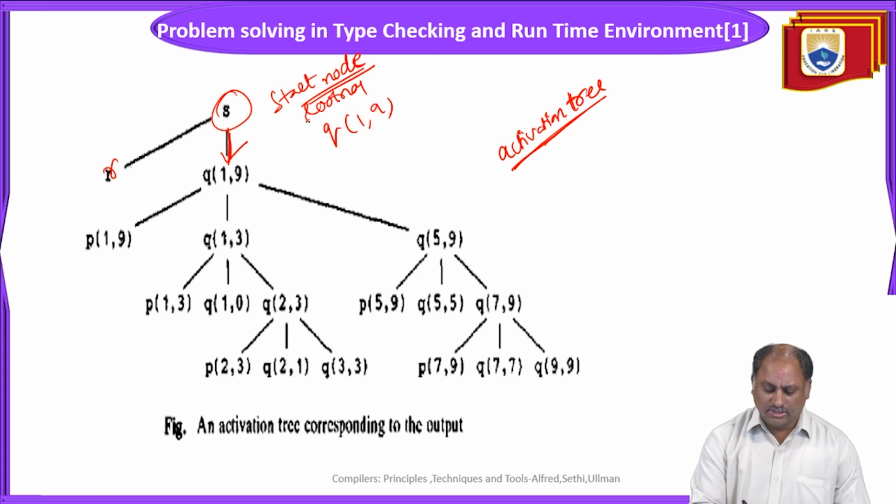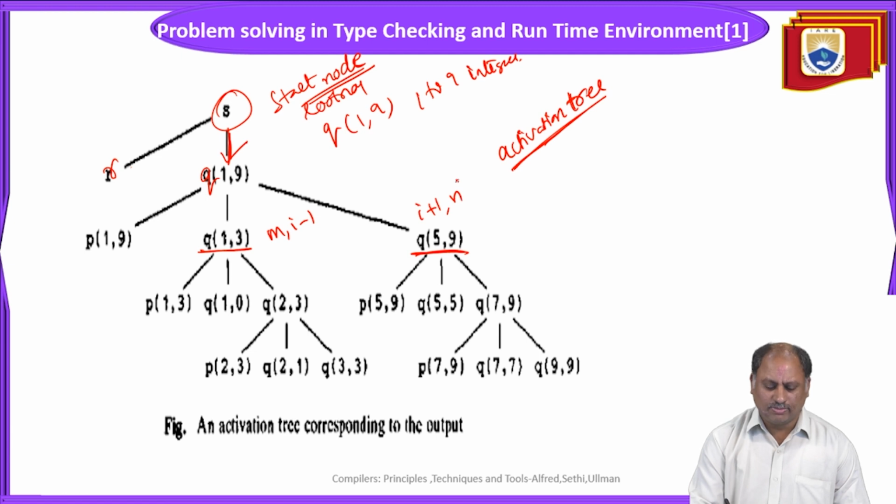That means there will be a number of integer values, 1 to 9, that's why q of 1 comma 9. Now this 1 comma 9 is partitioned into 1 comma 3 and 5 comma 9, that is m comma I minus 1 and I plus 1 comma n.